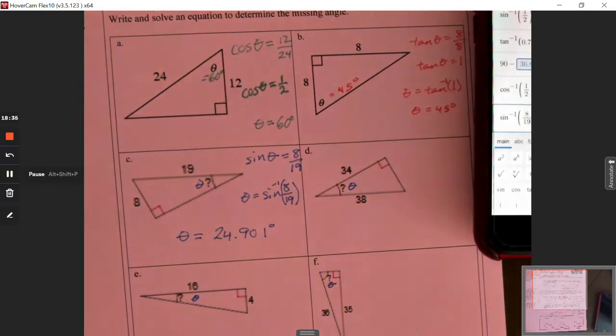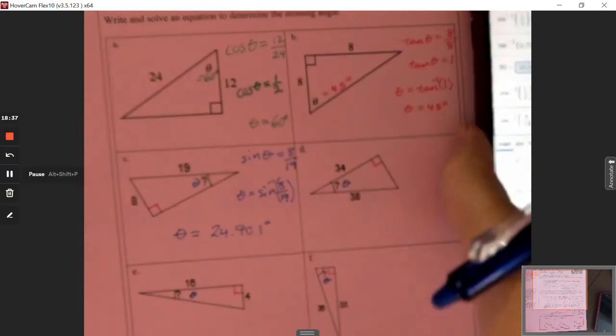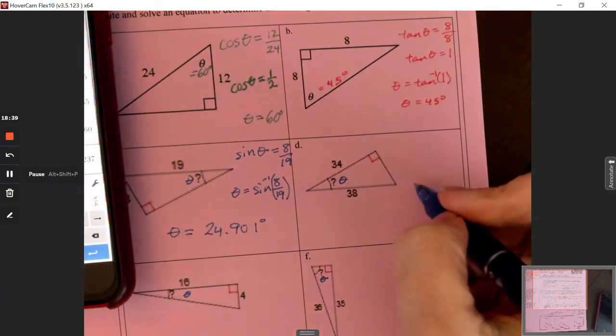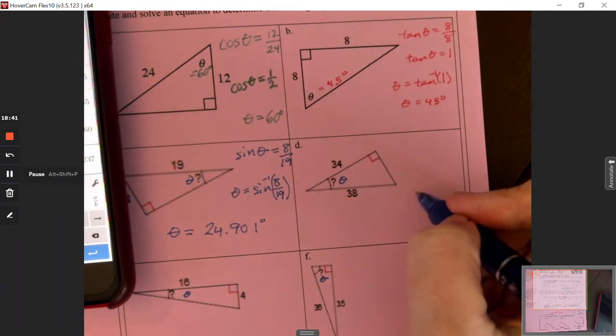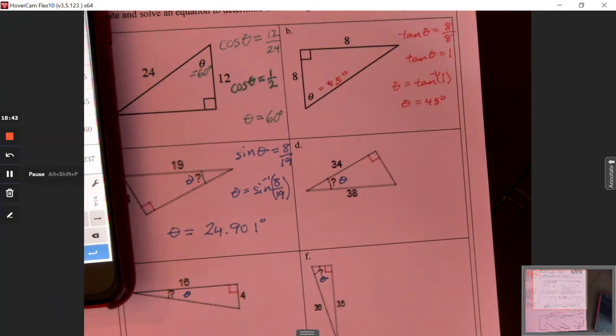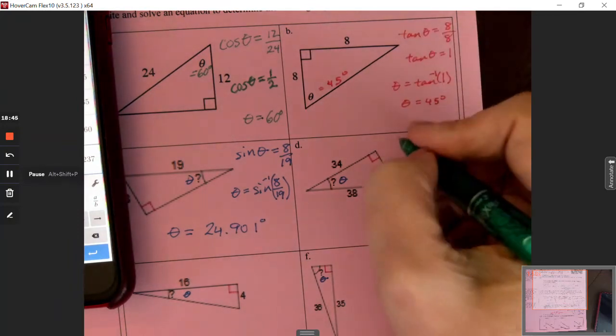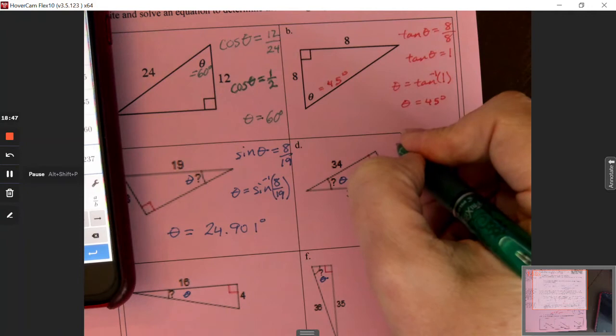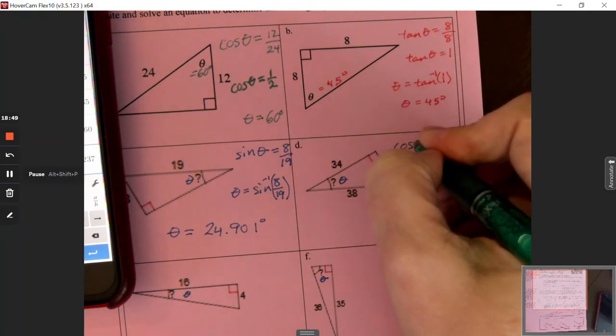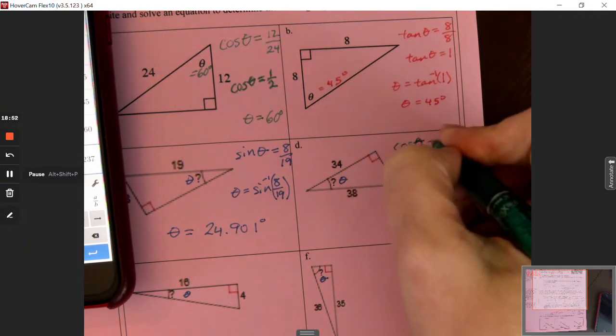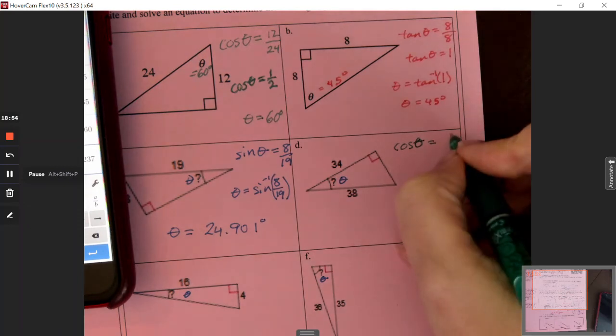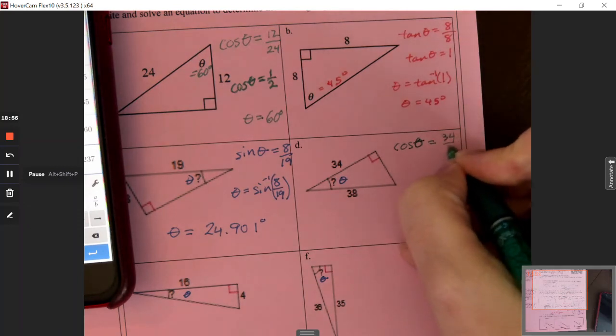One of the cool things about my calculator, I think, I'm not sure, I haven't actually tried this on this version. Let's see, 34 divided by 38. And notice right here, there's a fraction button.